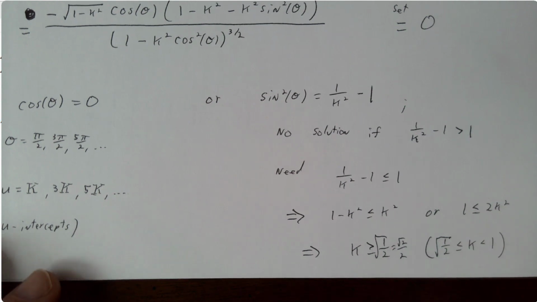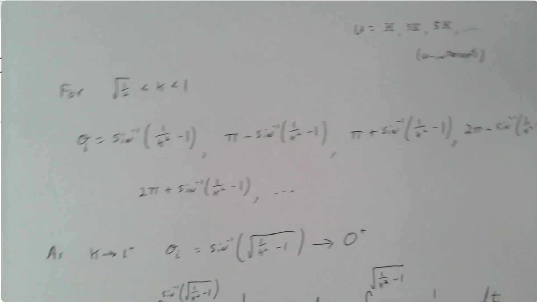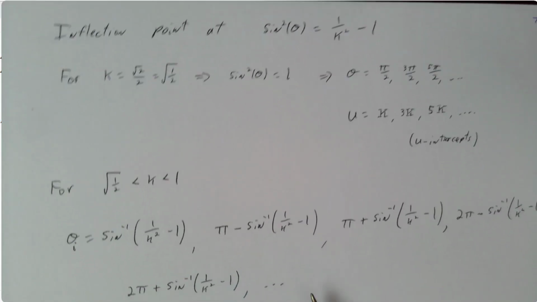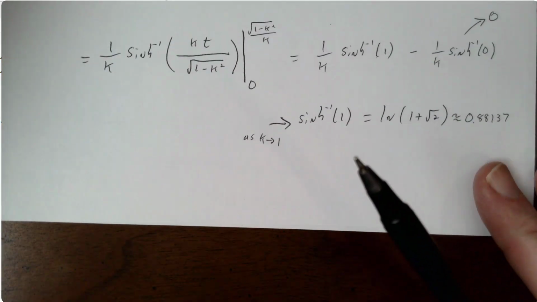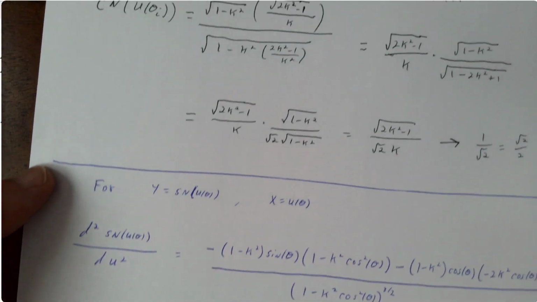And at root 2 over 2, if you look at the graph, it'll be right at the intercept, but then as k goes bigger, it deviates. There, you got all the work. Yeah, I was going to do this later. Let's see. Yeah. So, there's that value.